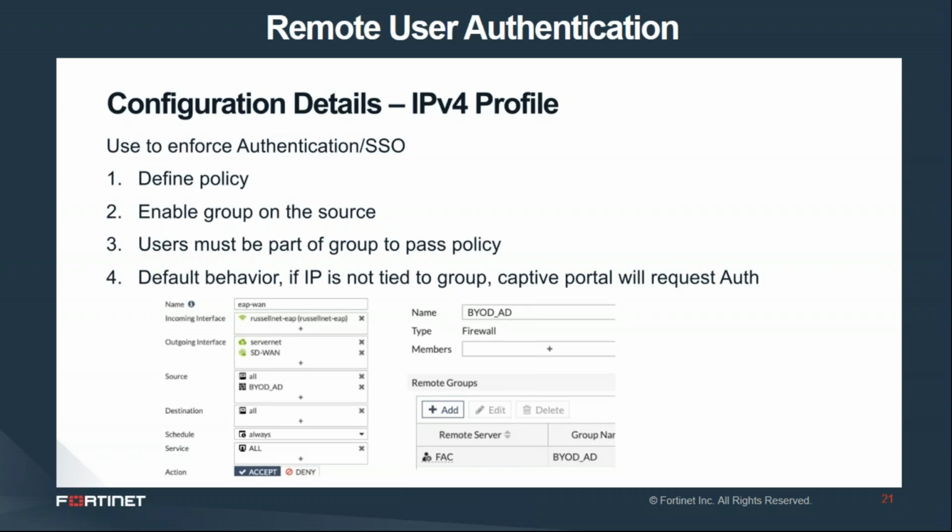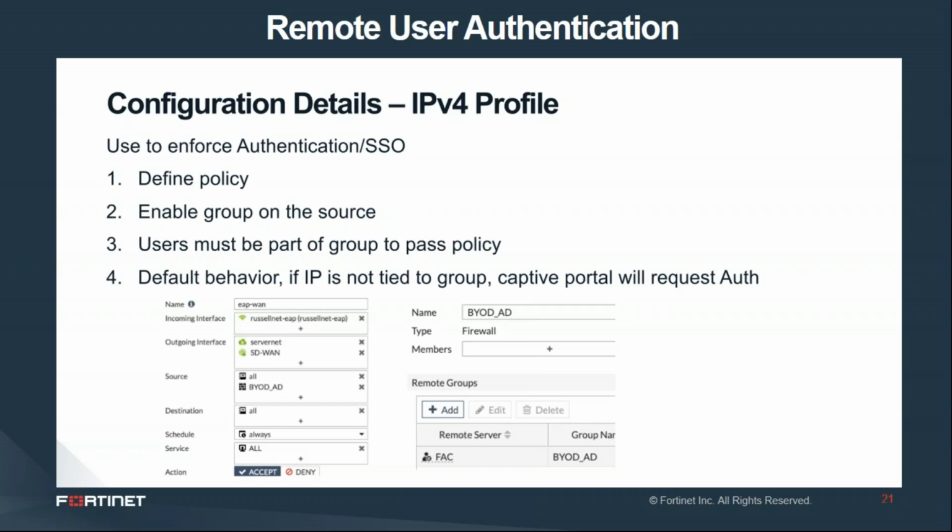And then as that device authenticates back to maybe a FortiAuthenticator, which is connected to your FortiGate, the FortiAuthenticator will pass back the group membership of that user. And if that group membership comes back, in this example, being in my BYOD AD group, then that device is fully authenticated and able to pass traffic to the server network and out to my network.